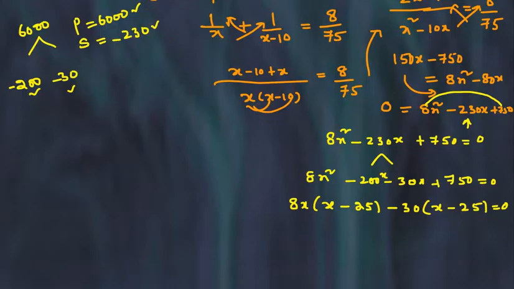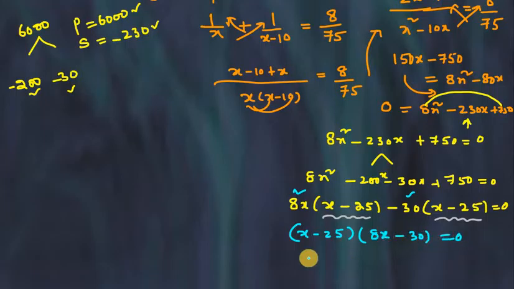So what is the common portion to take out? Both the terms have x minus 25, so I can take it out. If I take out x minus 25, the left out things are 8x from the first term and minus 30 from the second term, that is equal to 0.